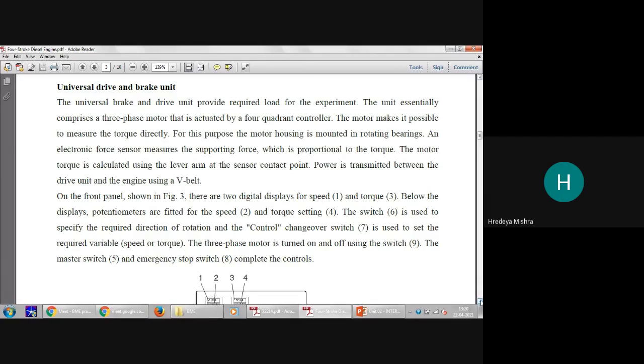The motor makes it possible to measure the torque directly. For this purpose, the motor housing is mounted in a rotating bearing. An electronic force sensor measures the supporting force, which is proportional to the torque. The motor torque is calculated using the lever arm at the sensor contact point. Power is transmitted between the drive unit and the engine.